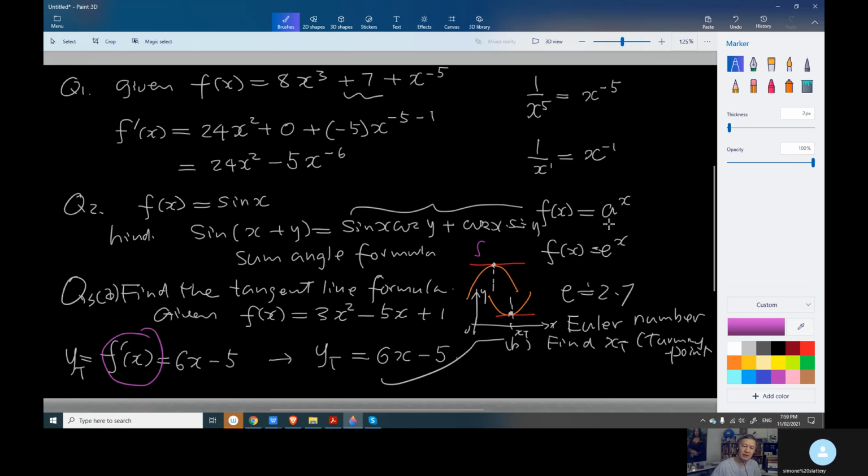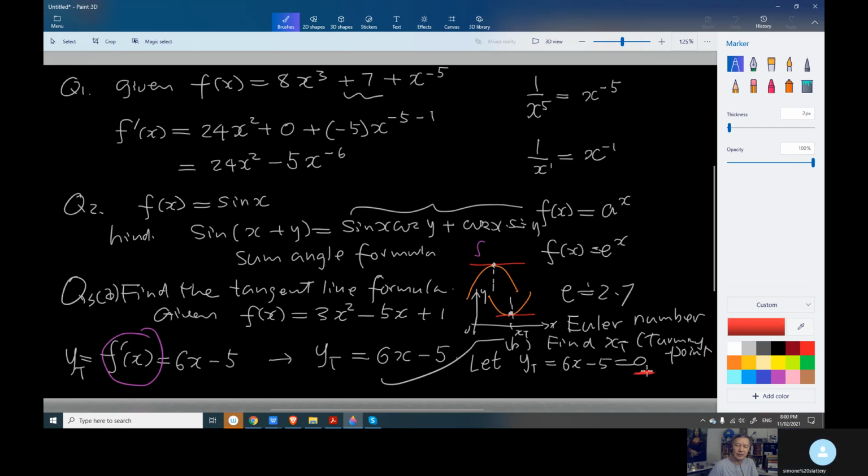Where is the formula on this blackboard? 6x minus 5. Okay, so just let this straight line, 6x minus 5, equal 0. Can you see that? That satisfies the condition.